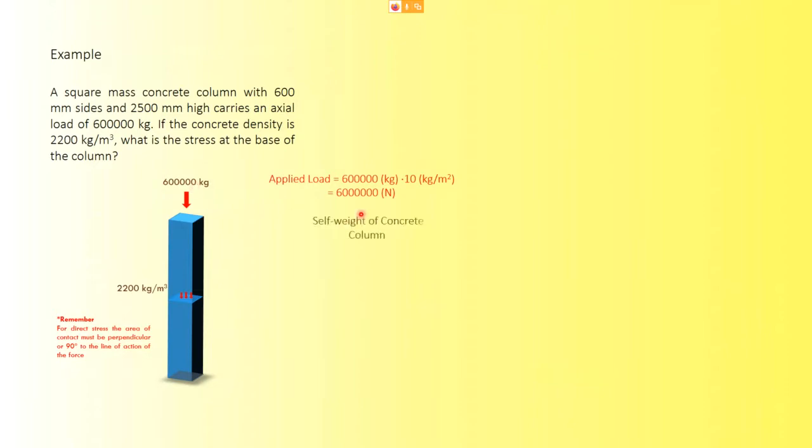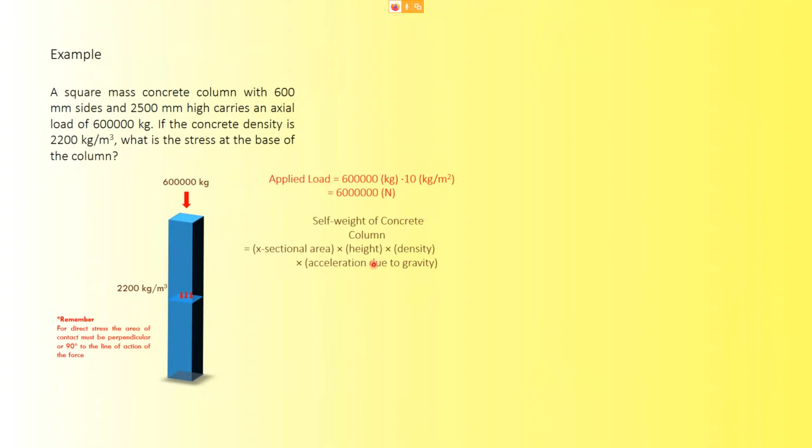Okay. And then based on the self weight of the concrete column, you have to take the cross-sectional area of the concrete column, multiply by height, which gives you the volume. So volume is in meter cube. When you multiply it with density, which is in kg over meter cube, what you get is kg. Then you times it with acceleration due to gravity, that is 10.